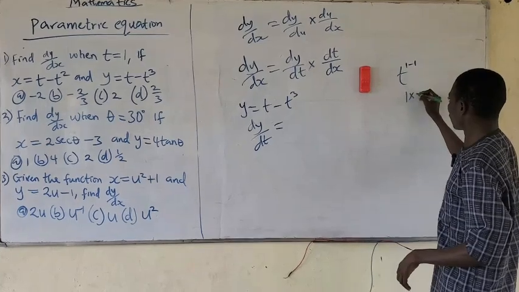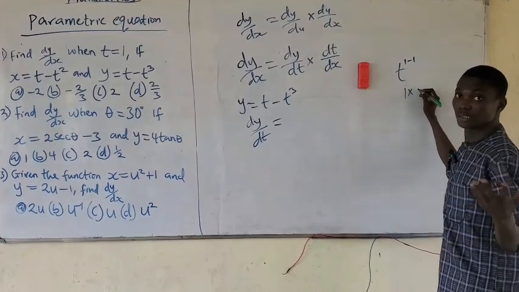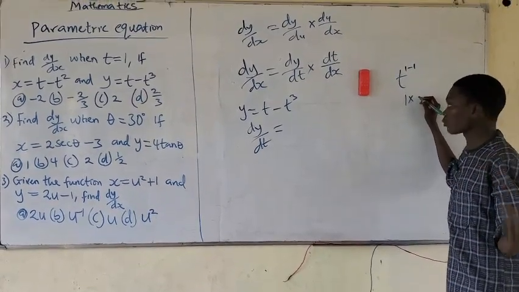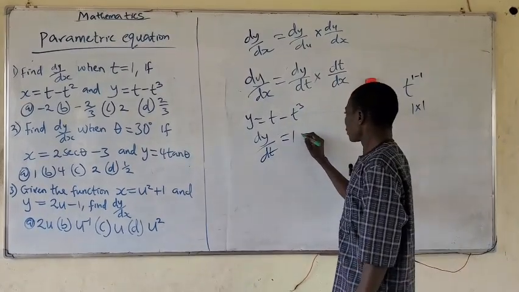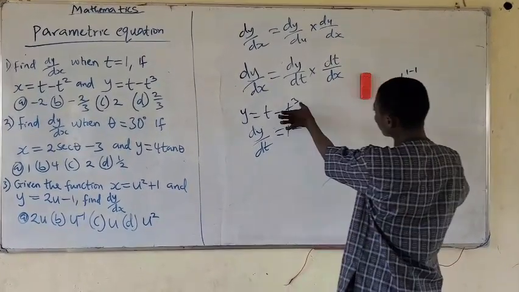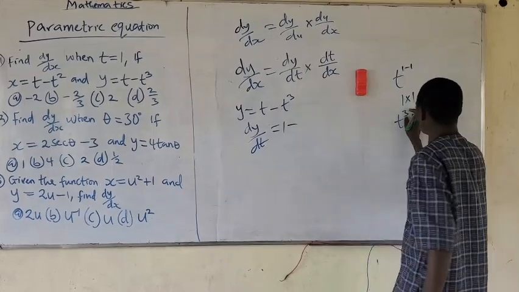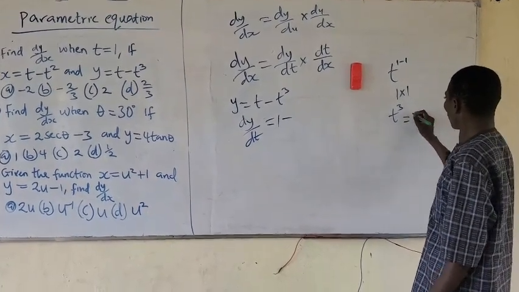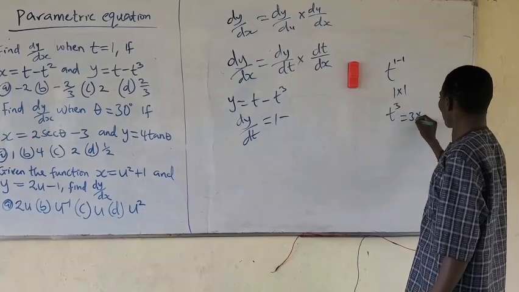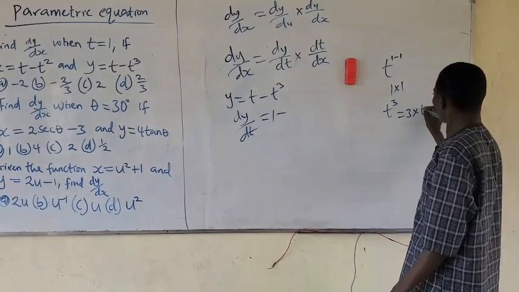So t raised to the power of 0 will give you what? 1, because any integer or any variable raised to the power of 0 will give you 1. So 1 times 1, this one will give you 1 minus. Now, we want to differentiate this, t raised to the power of 3. So you use the power to multiply it, subtract 1 from the power. So here will be 3 times t.